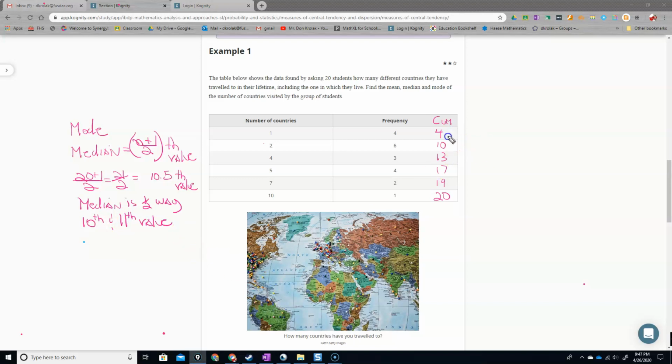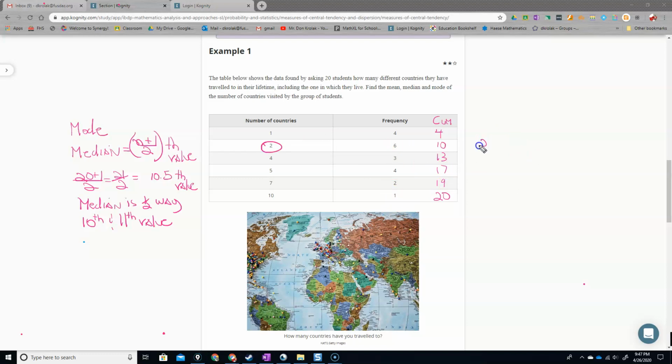Okay, so if I look at my list here, I know the 10th value was a 6. Okay, and then I had 3 4s following that. Excuse me, that was wrong. The 10th value was a 2.